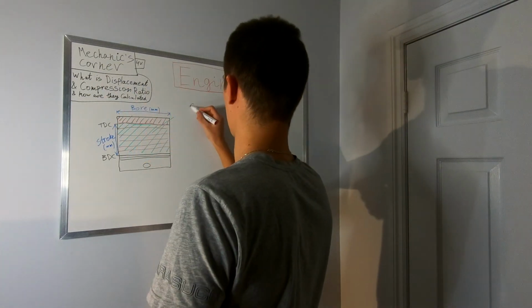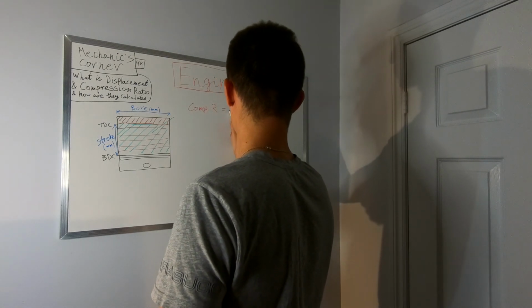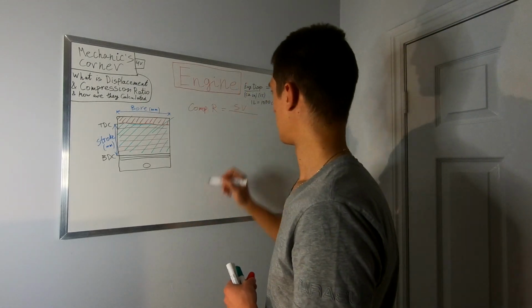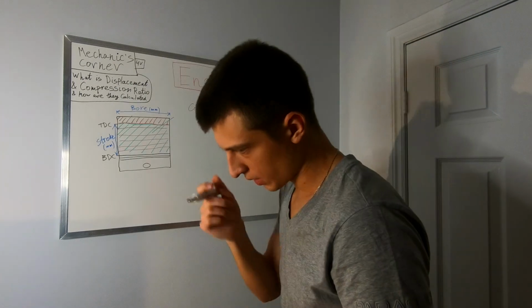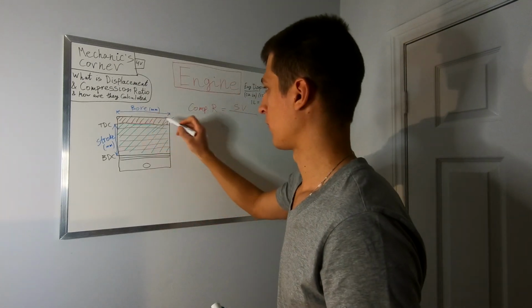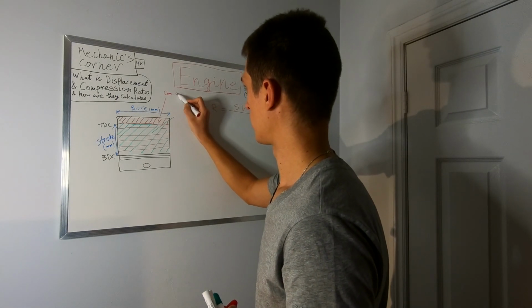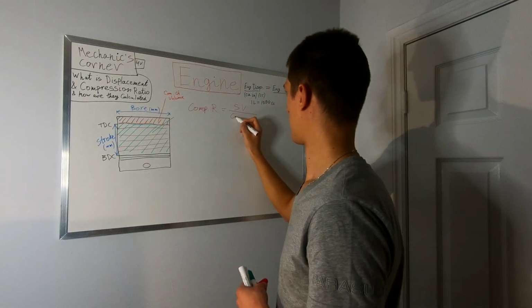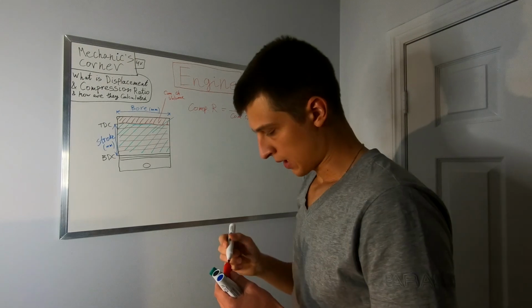We're talking about compression ratio, which equals the swept volume that we just calculated, divided by the compression chamber volume.